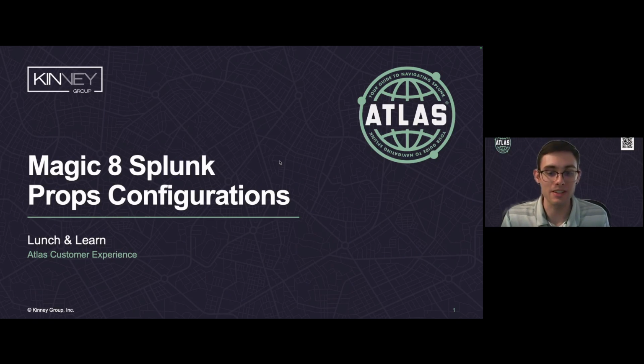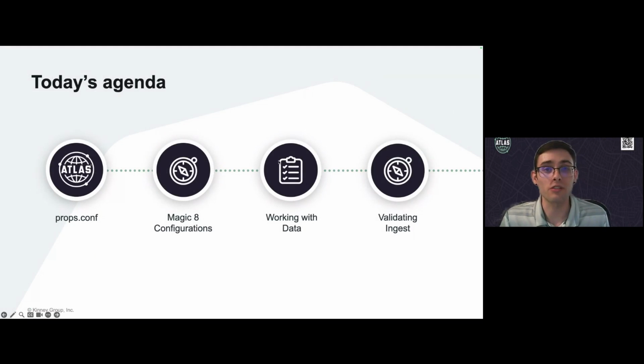So today, we are going to start off with a quick discussion of what props.conf is. We'll talk about our Magic 8 configurations individually, just so we have an understanding of what we're looking for as we go into what will be the bulk of the conversation today around working with data.